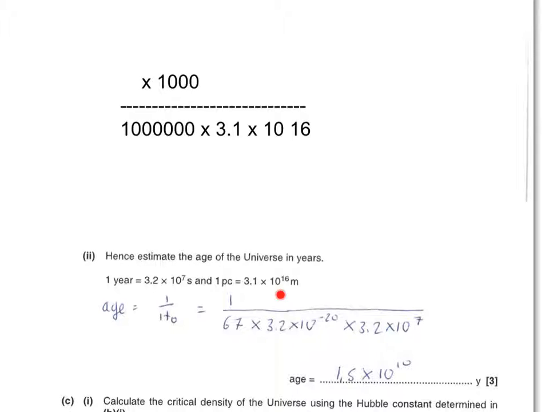We have 3.1 times 10 to the power 16 meters. So multiplying all this by 67 is placed here in the equation, and then the final factor here allows for the conversion from seconds to years. This leads us to an age of the universe of 1.5 times 10 to the power 10 years.